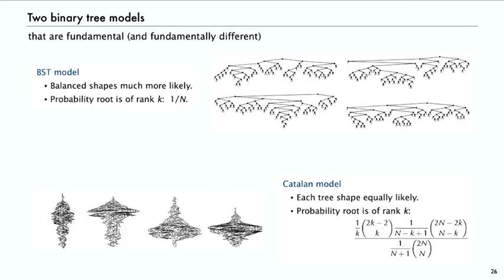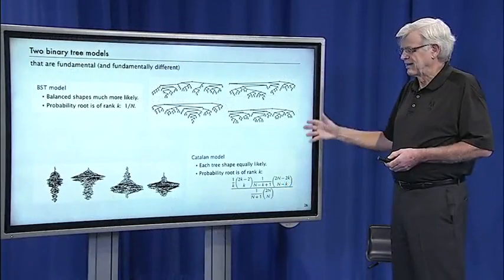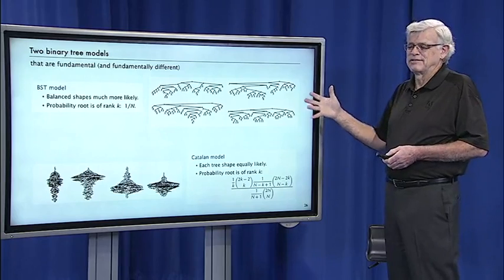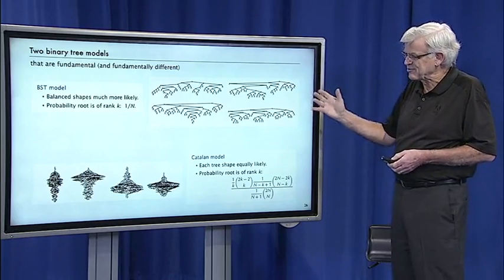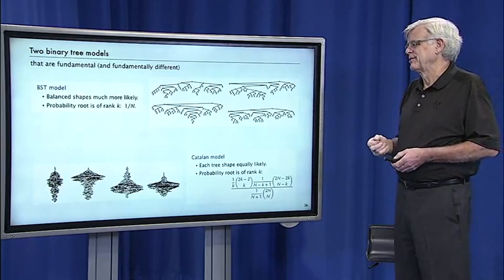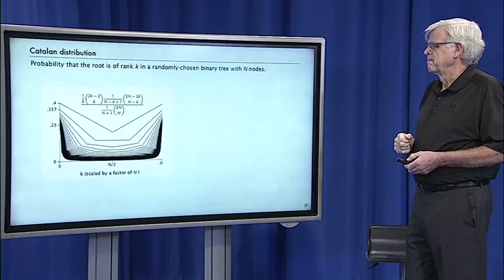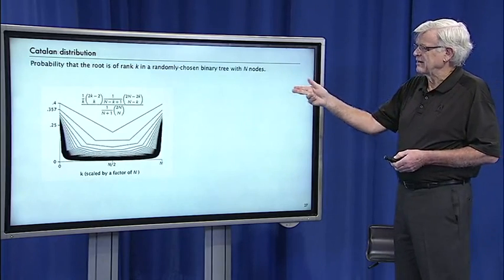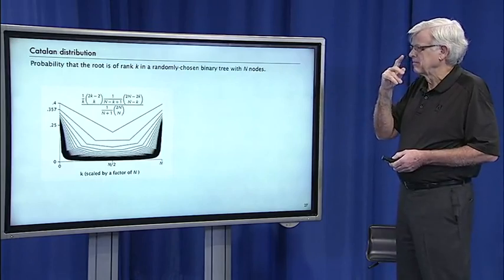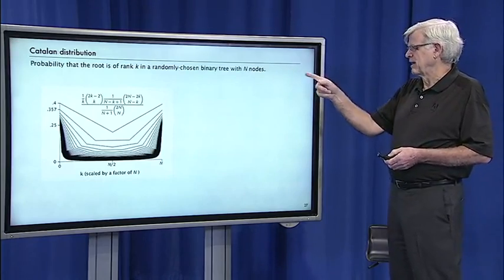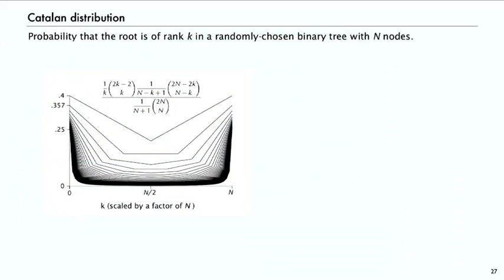Two fundamentally different models. I want to emphasize that because when we go into the analysis and get into the math without the picture, it's easy to lose track of the fact that we're talking about something totally, totally different.